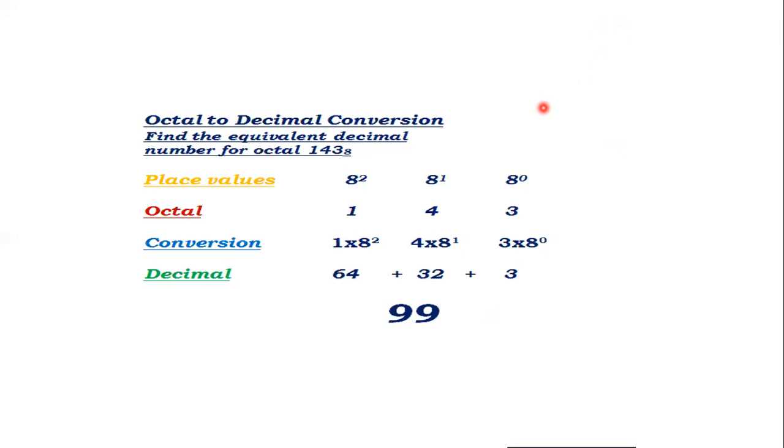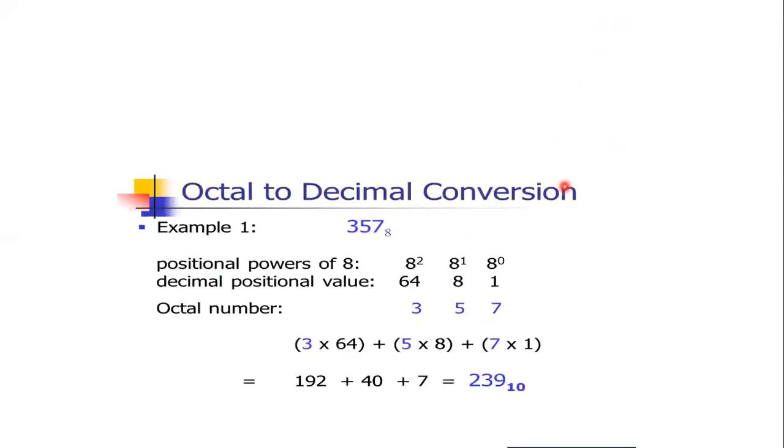And next example, 357. This is the octal number. Therefore, this is 8 power 0, 8 power 1, and 8 power 2. So 3 into 8 power 2, which is 64, so 3 into 64. 5 into 8 power 1, which is 8, 5 into 8. Then 7 into 8 power 0, which is 1, so 7 into 1.